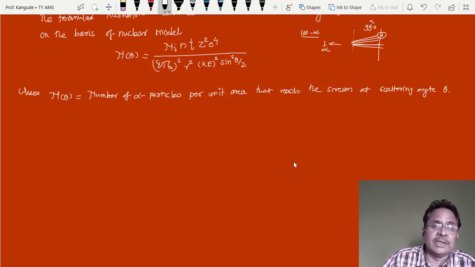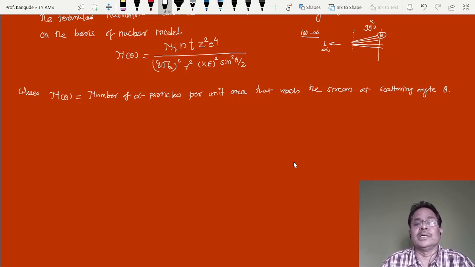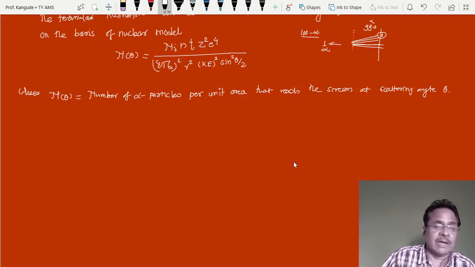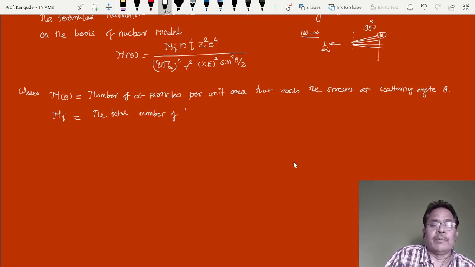So I am just calculating this. N theta is the number of alpha particles per unit area that reaches the screen at a scattering angle given by theta. Now here, Ni is my 100 particles, or the total number of alpha particles reached at the screen.